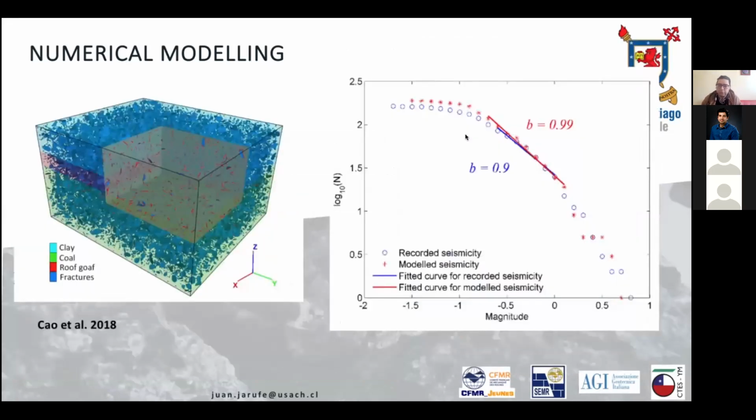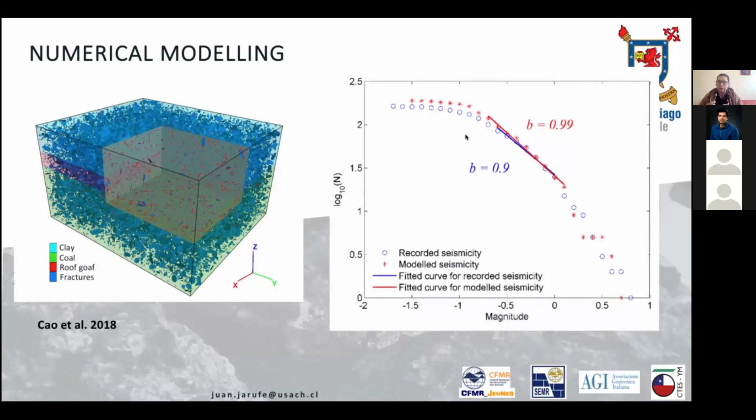Also, there was this work from Cao in 2018, where he introduced fractures into, I'm not sure if it was a 3DEC model or a FLAC model, but he introduced the fractures, and then made the fractures fail because of an excavation that was in there.